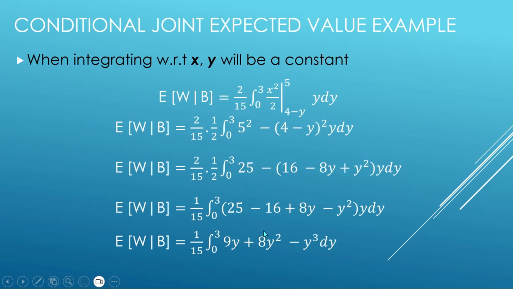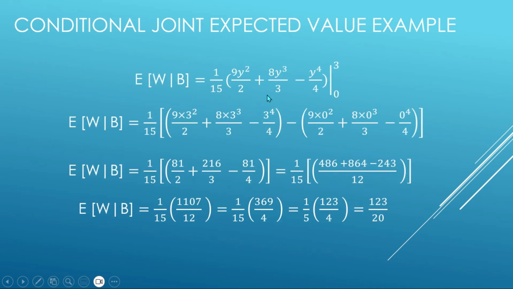The integral of y square is y cube over 3, as we know that we have to add 1 to the power and then divide by the same value. And y cube will become y to the power 4 divided by 4. So this is what is written over here, and then we apply the upper limit first and then the lower limit. The rest is simple arithmetic, and finally we get 123 by 20.